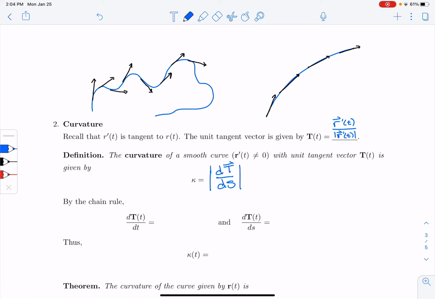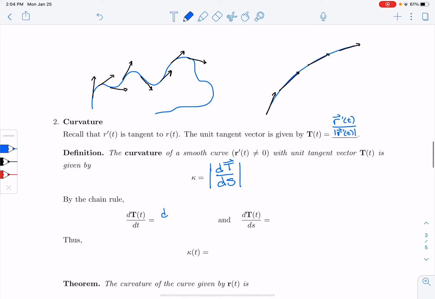The chain rule tells us that the derivative of the tangent vector with respect to t is the derivative of the tangent vector with respect to s, arc length, multiplied by the derivative of s with respect to t.